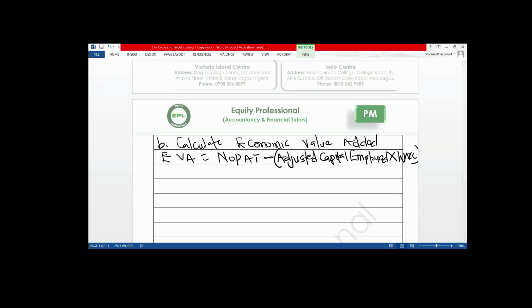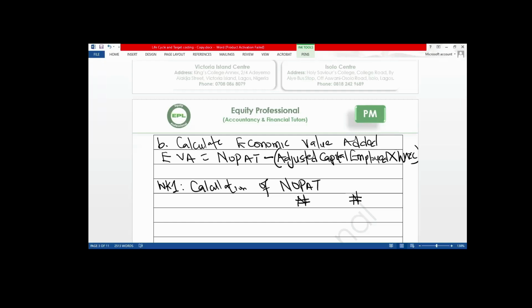You now come here, the first working, calculation of NOPAT. You can look at the format. It's available in your study pack.